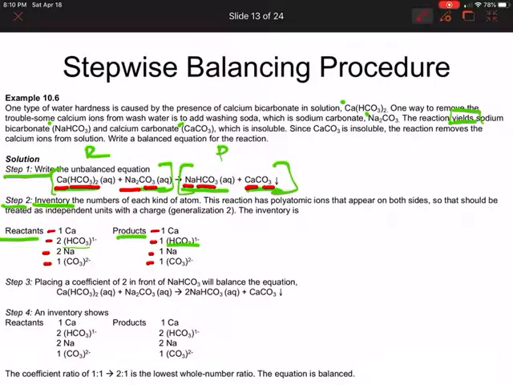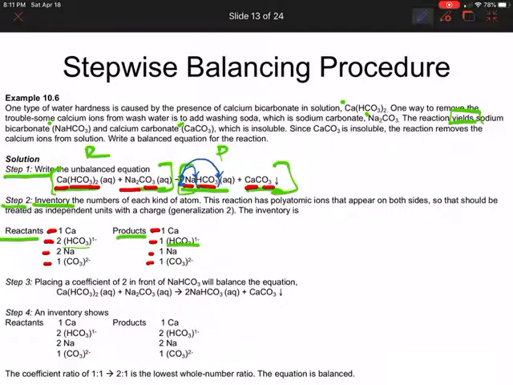So there's 1 calcium and 1 calcium, that's good. There's 2 bicarbonates and then 1 bicarbonate, so that's not good. The only thing you can do is go up here and add a 2. When you do that, that 2 multiplies to the 1 sodium, but it also multiplies to that bicarbonate. This is all bicarbonate, by the way.